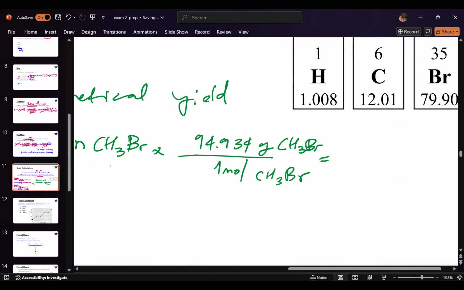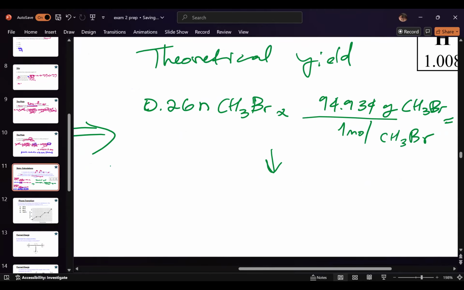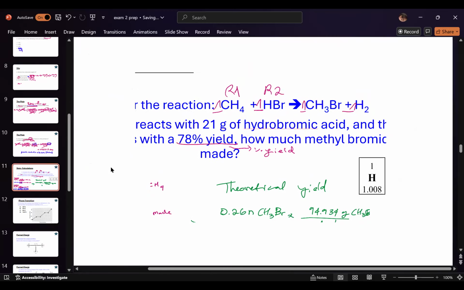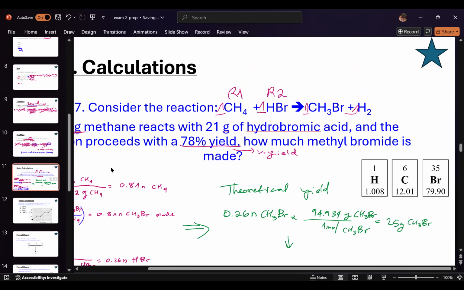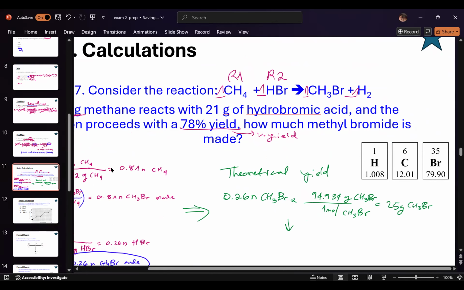This will give you 25 grams of CH3Br. And now you can move on to the last and final step, which is calculating how much methyl bromide you actually made using the 78% yield.